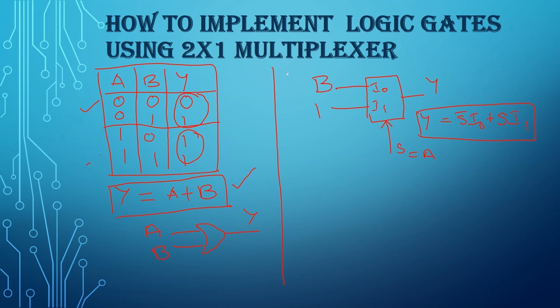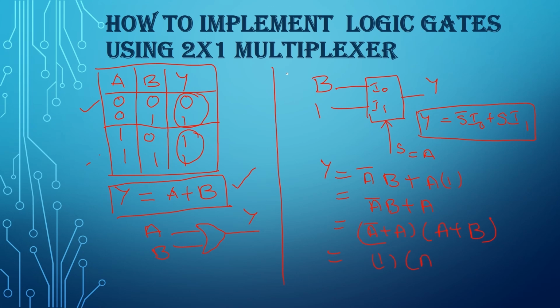Now let's substitute these values in this logical expression and see whether we are going to obtain the OR gate output or not. So Y is equal to, what is the selection input we assumed? A bar, what is the I0 value? B, plus selection input A, what is the I1 value? 1. So A bar B plus A. As per the distribution law, we can write this as (A bar plus A) into (A plus B).